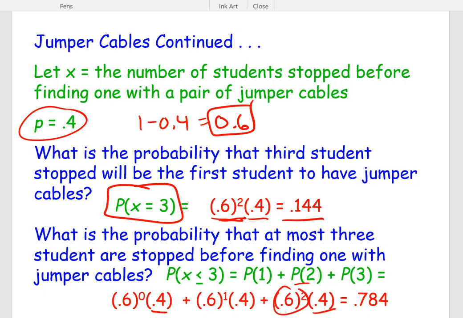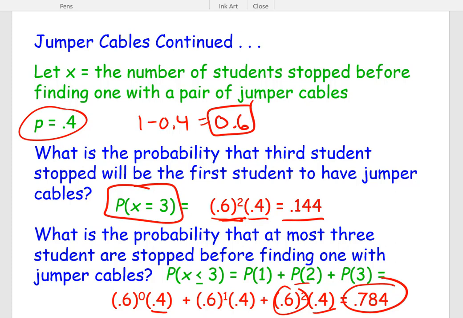And we'd add those up. So there's a 0.784, or over a 78% chance that if you've asked 3 students, at least one of them is going to have the jumper cables. So within the first 3 students, you're going to find somebody who has jumper cables that can help you out. So that is the geometric distribution.